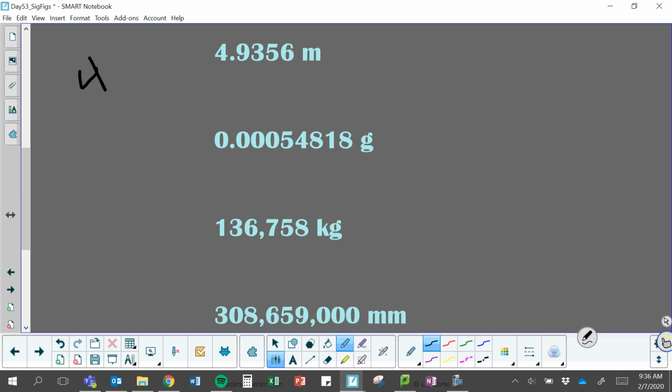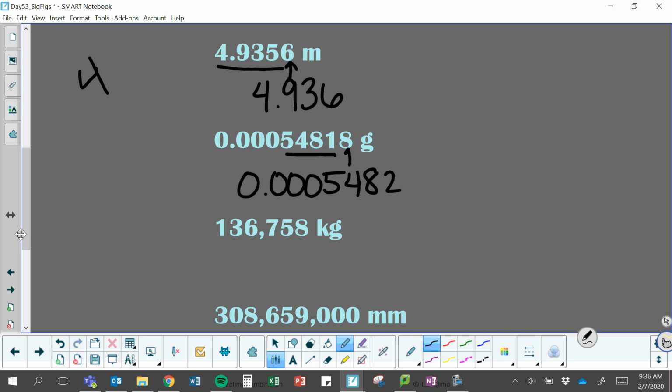Again, we're still only rounding to 4 significant figures, so we have 4 here, rounding up because that's 6. Rounding up because that's 8. Rounding up because of this 5. 5 right here. But remember, we have to put these 2 placeholders in to make our numbers similar.